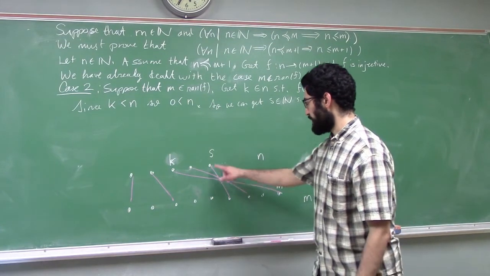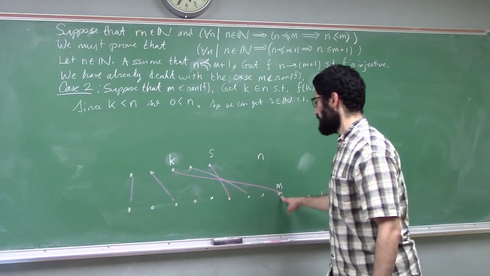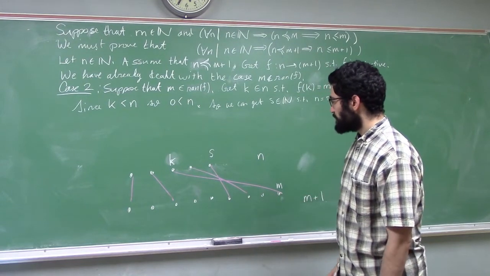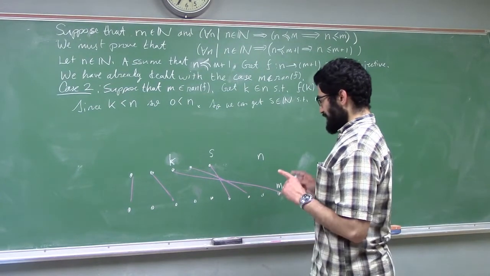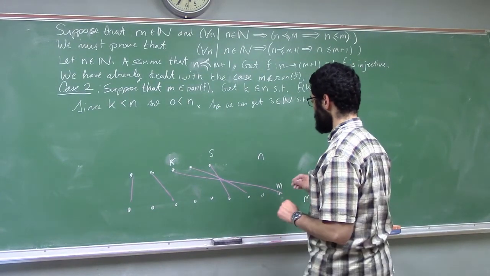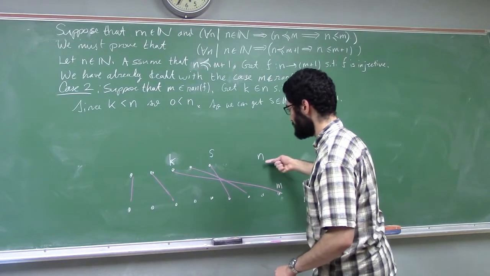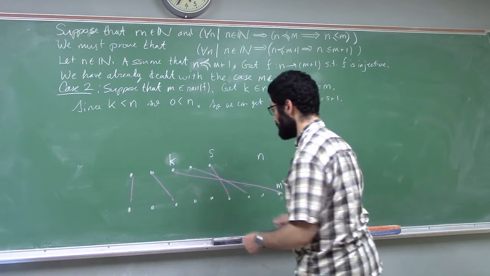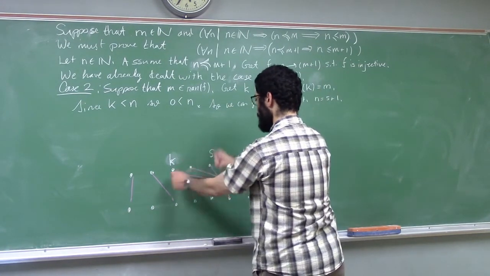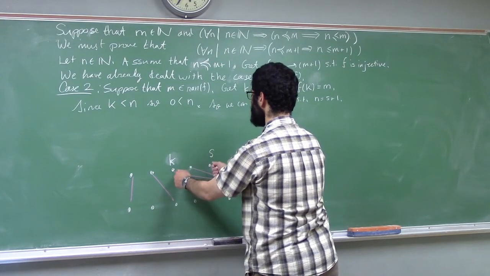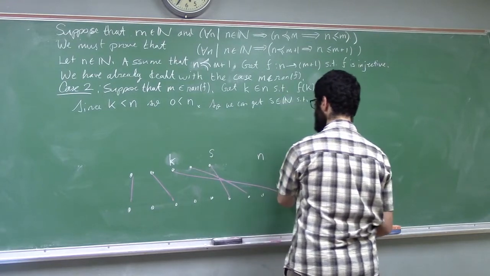Okay, but the point is that s is unfortunately not going to m, and k is the thing that's going to m. So what we're going to do is take a function from n plus 1 to itself, which is bijective and swaps k and s. If we could have swapped k and s, then we could end up in a situation where the last position is going to m.